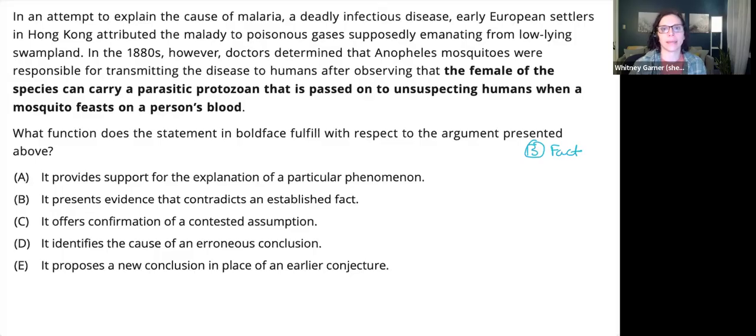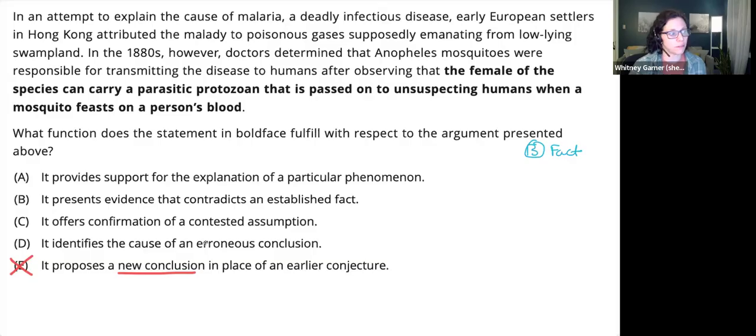Yeah, so it's not very many, but it could allow us to eliminate a single answer choice. In this idea of fact and belief, it is certainly not the new conclusion. So it's definitely got to be a fact.